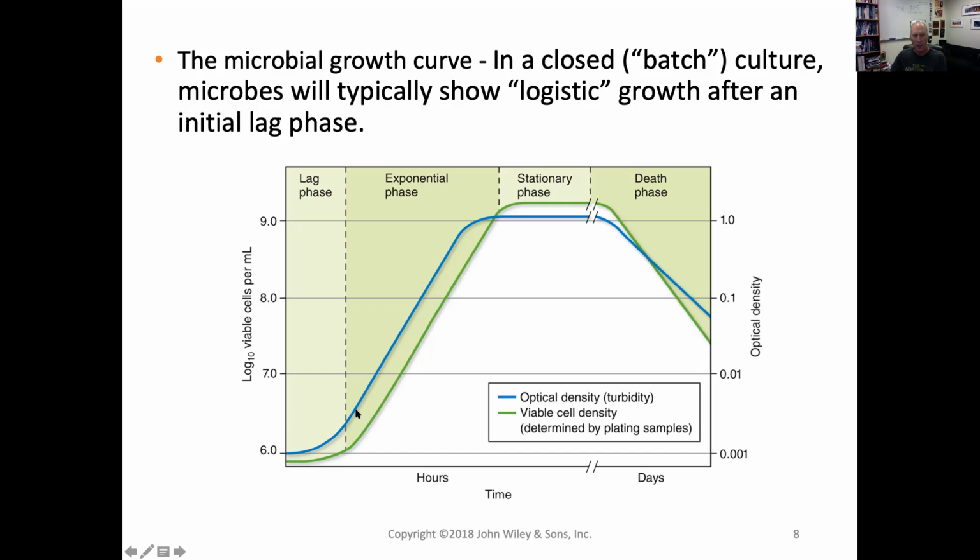Okay, so the log phase or exponential phase is defined as having a constant growth rate, which yields a straight line on this log scale. In the lag phase, the growth rate may go from 0, so essentially there's no net growth, to an accelerating growth rate until it reaches its maximum growth rate, which is the log phase, okay?